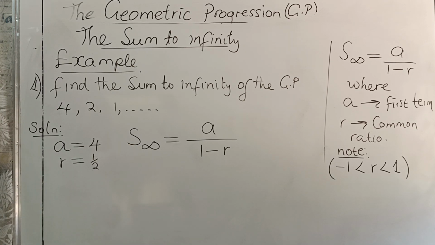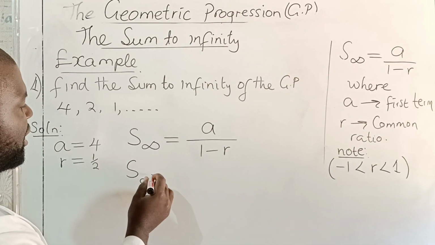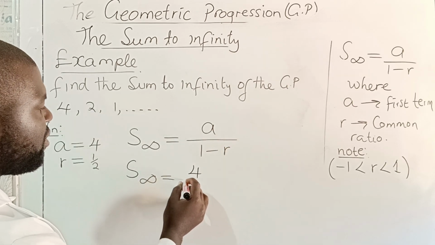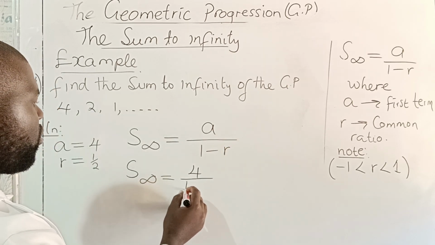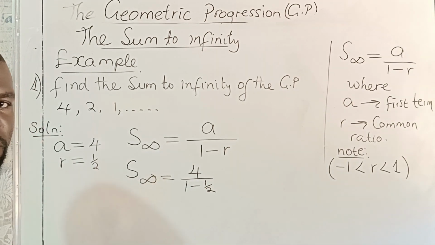So, substituting these values in our formula, we shall have the sum to infinity is equal to, the first term is 4 over 1 minus the common ratio 1/2.